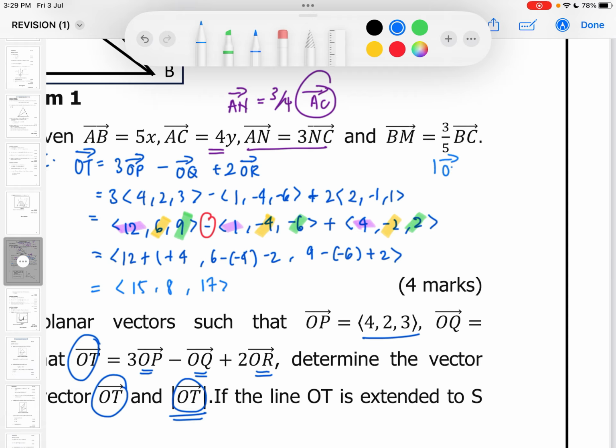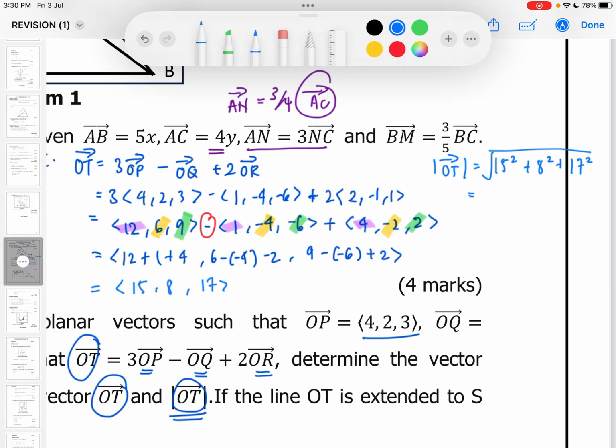Okay, so magnitude of OT would be the square root of all of this value here. So, you don't even need to. 15 squared plus 8 squared plus 17 squared. Square root that. Where's my calculator?